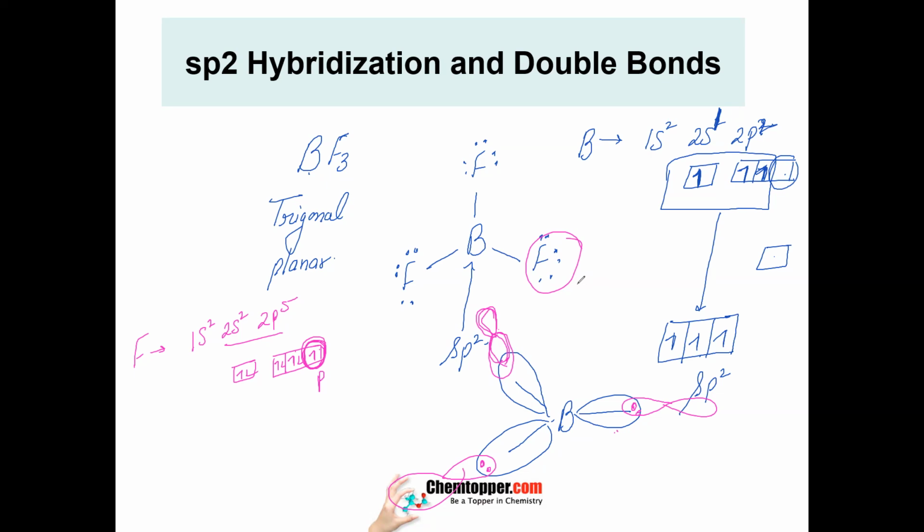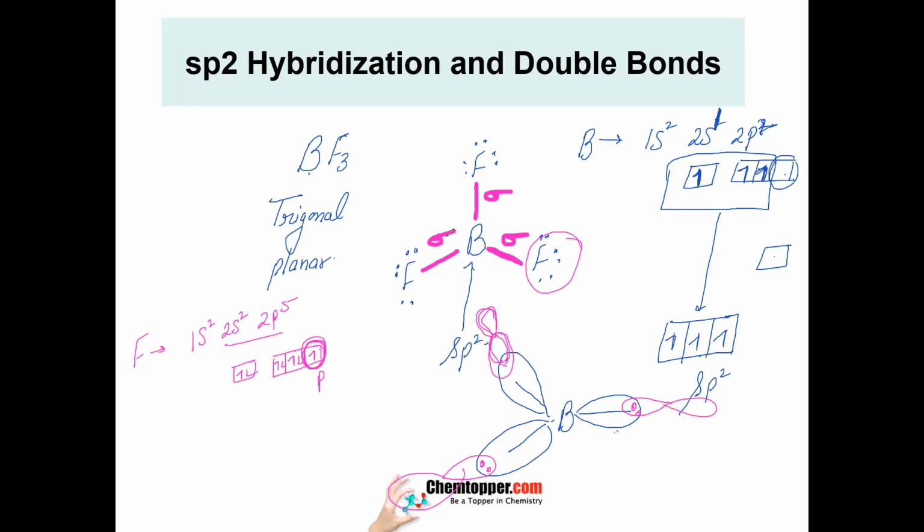Anish, you're back? Yeah, you were back. This is sigma. This is, yeah, 3. There are 3 sigma bonds. Is there any pi bond here? No, there is no pi bond.